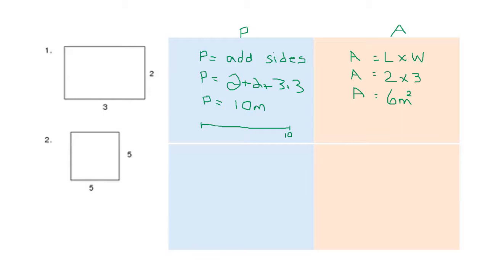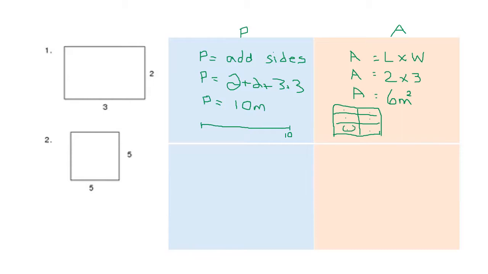That means we're not going to the store to buy 6 meters of fencing. That means we're going to go buy 6. There. 1, 2, 3, 4, 5, 6. We're buying 6 square meters.